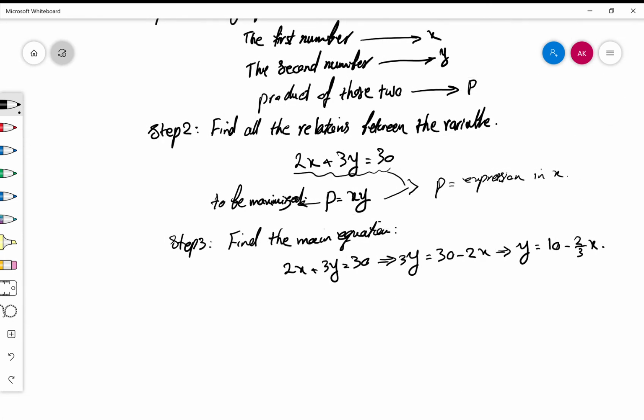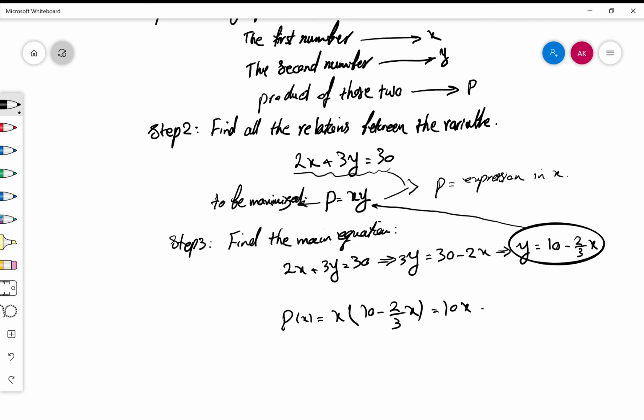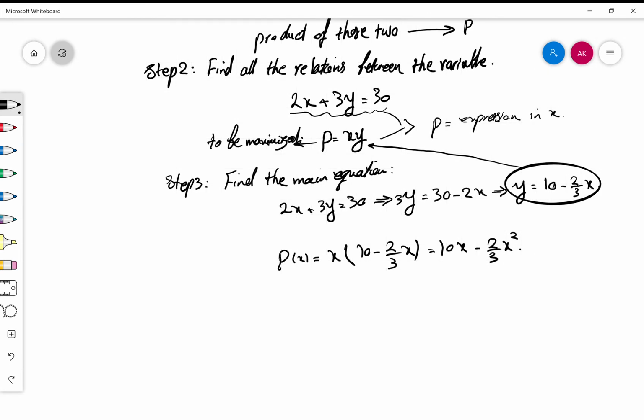Now I plug that in for y. So p as a function of x is x times 10 minus 2/3 of x, and that gives us 10x minus 2/3 of x squared. That's the function to be maximized.